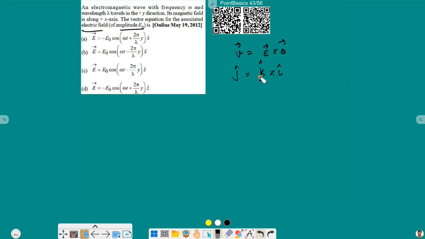So the electric field can only be in the Z direction. In this option we have positive Z direction and here we have negative Z direction. Also here the wave is traveling in the positive Y direction, and here the wave is traveling in the negative Y direction. So option C will be the right one.